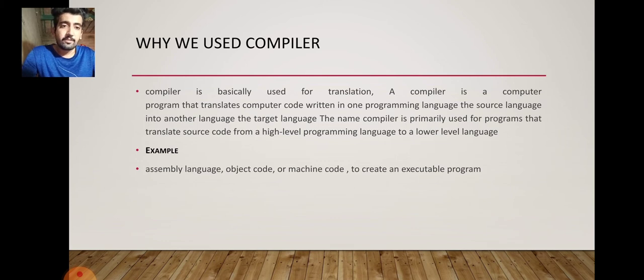The name compiler is primarily used for programs that translate source code from a higher-level programming language to a lower-level language. Examples: assembly language, object code, and machine code, and create an example program.